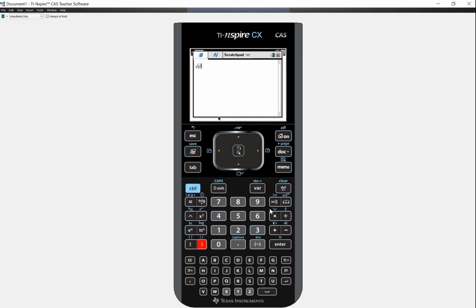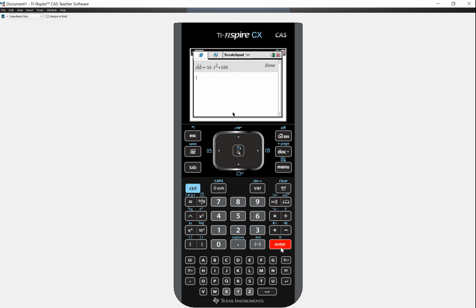Now to store a function, you hit Control and then this button here, so you should have this colon equal sign. At that point, we can type in the function negative 16 times t squared plus 100. After we're done entering it, we hit enter. Now it should say done.